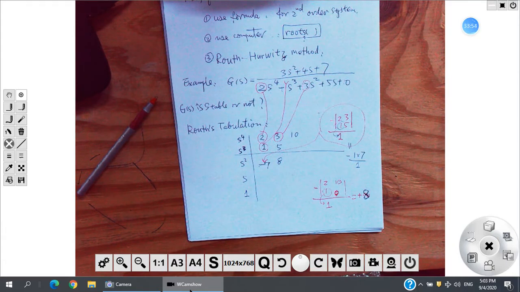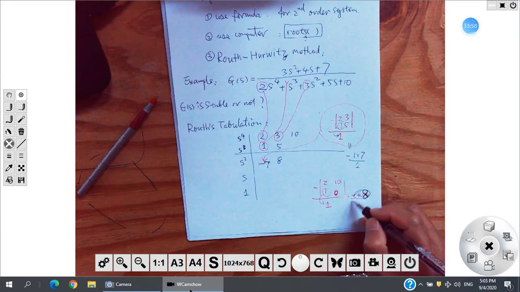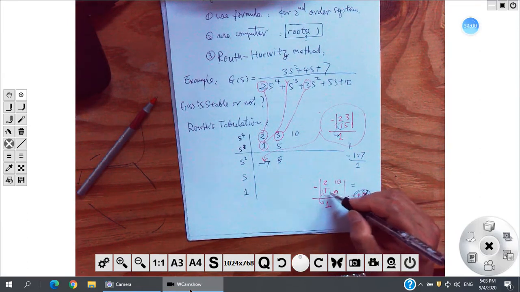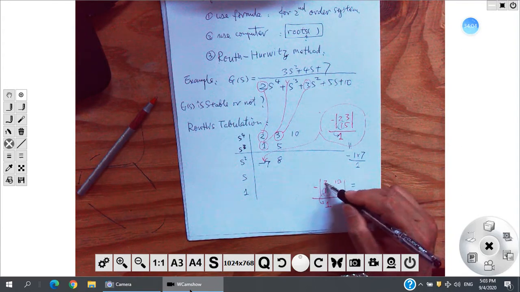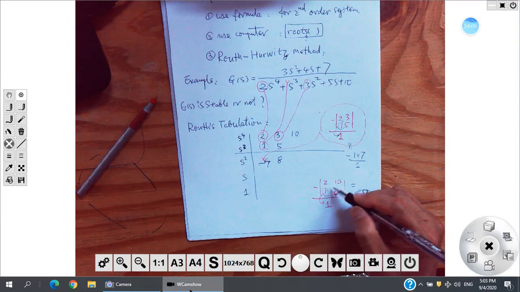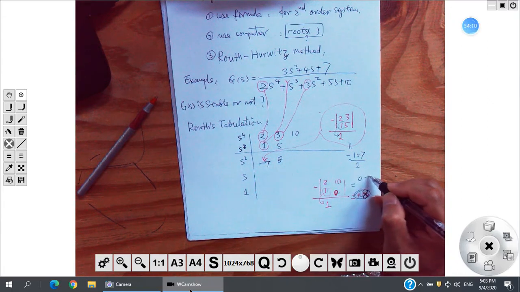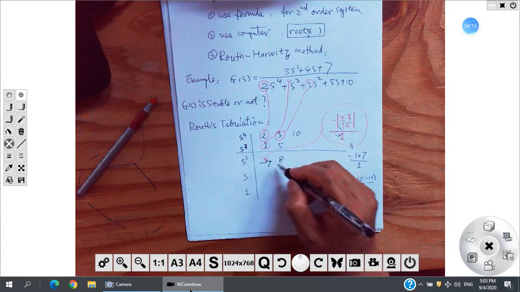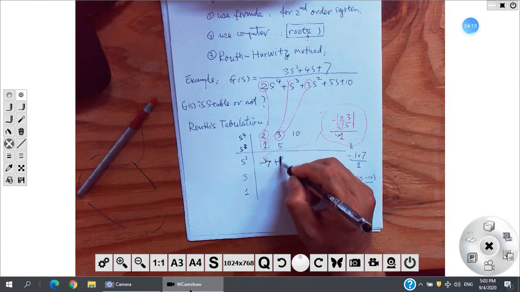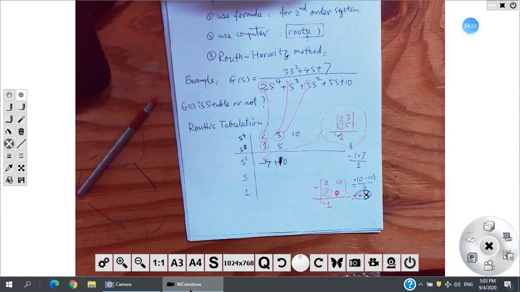Am I good? Oh, this is not 8. I'm crazy. This is not 8. This is 2 and 0, so 2 times 0 minus 10. It's 0 minus 10, and negative in front of it, divide by 1. So it is 10. I'm sorry. It is 10. Alright.